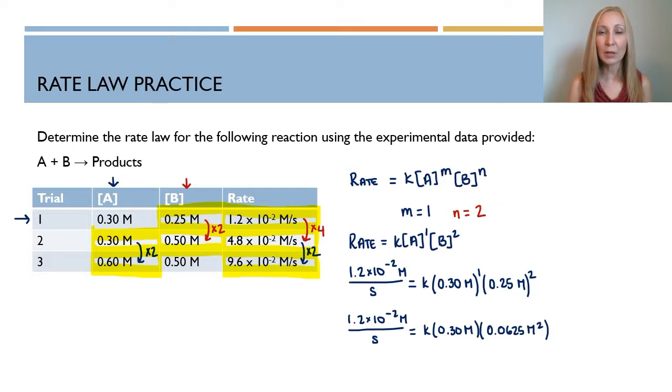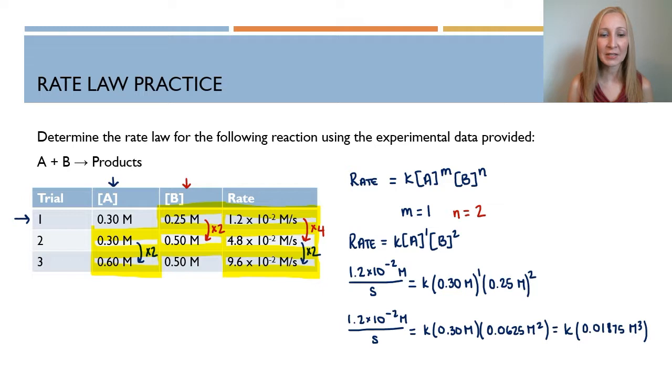And the next thing I'm going to do is multiply the 0.3 M times the 0.0625 M squared, which gives 0.01875 M cubed. All right, so now I'm going to divide each side by 0.01875 M cubed.